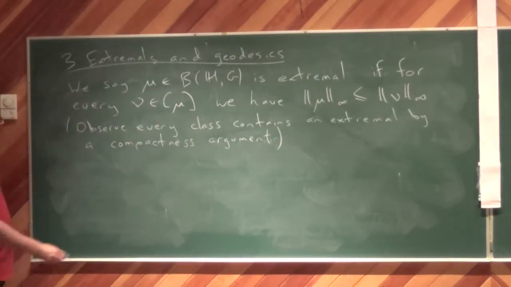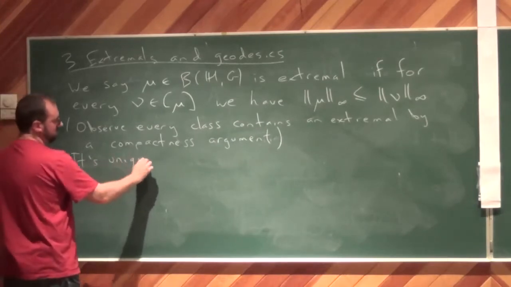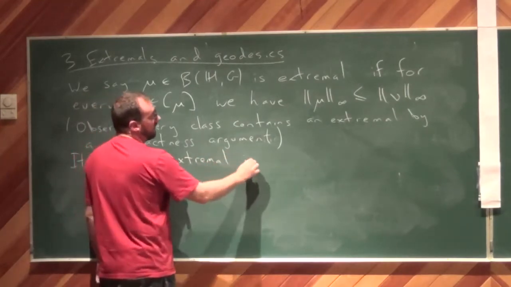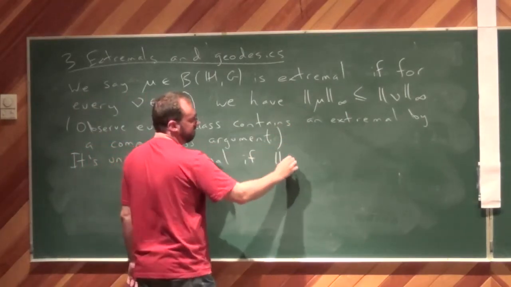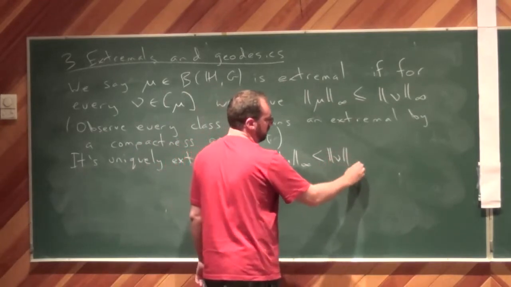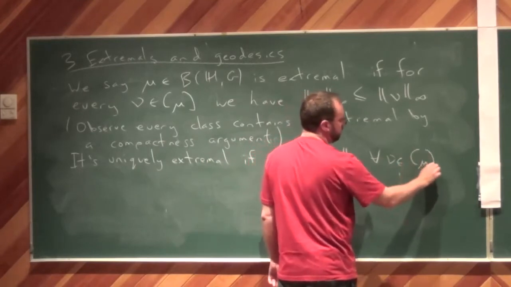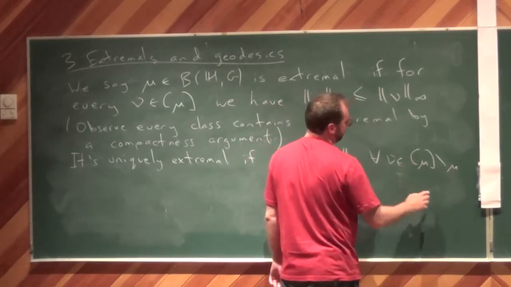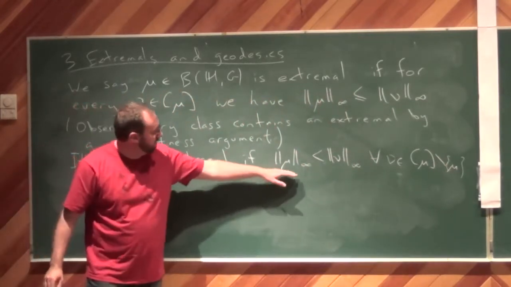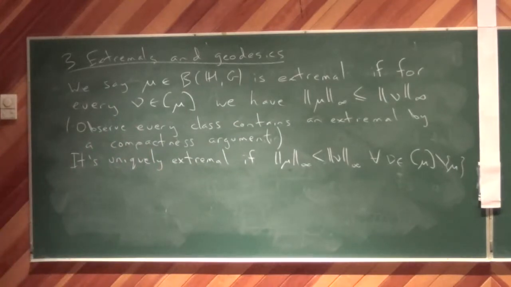And we also say it's uniquely extremal if we have a strict inequality here. So if the infimum is realized by one and only one Beltrami differential.